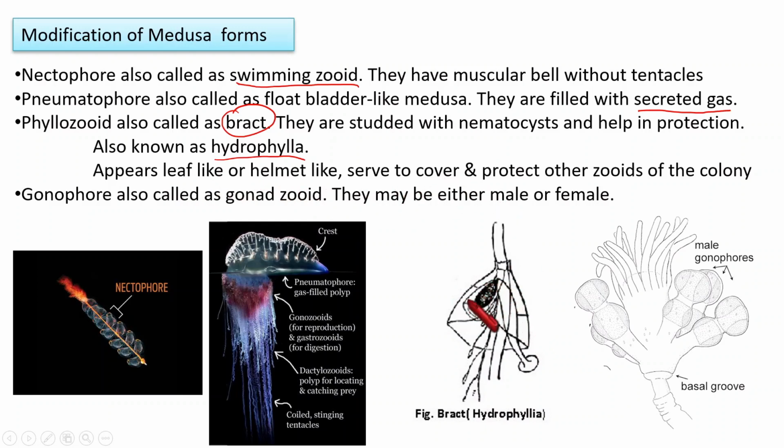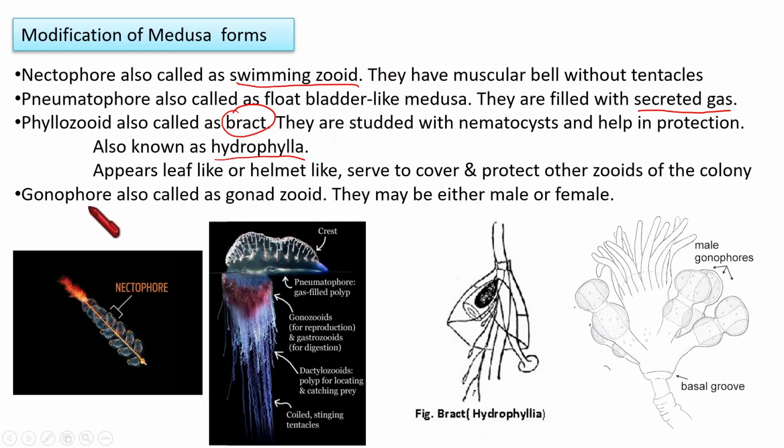This is the picture of that bract. So that's about phyllozoid. What are the points we need to remember? It is concerned with protection, its other name is hydrophyllium, its appearance is like a leaf or helmet, and it covers and protects other zooids of the colony.